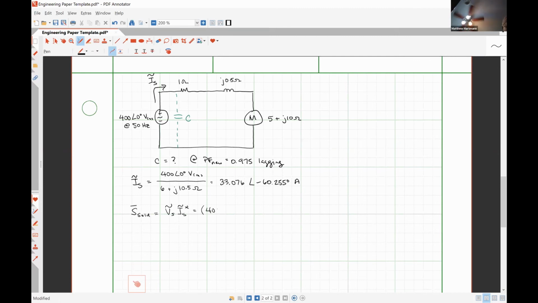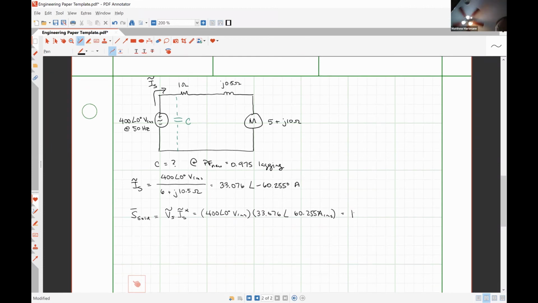That is 400 angle 0 degrees volts RMS multiplied by 33.076 angle negative 60.255 degrees amps RMS, and then I conjugate this, so that takes that negative sign out, and I get 13.230 angle positive 60.255 degrees kilovolt amperes.